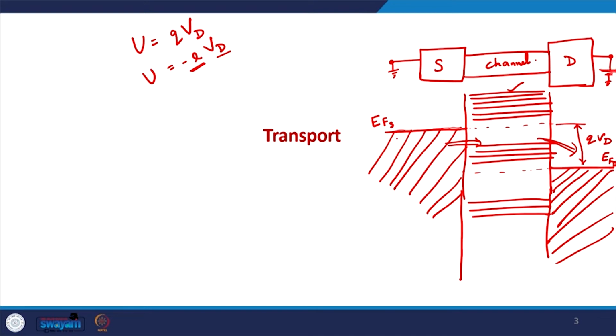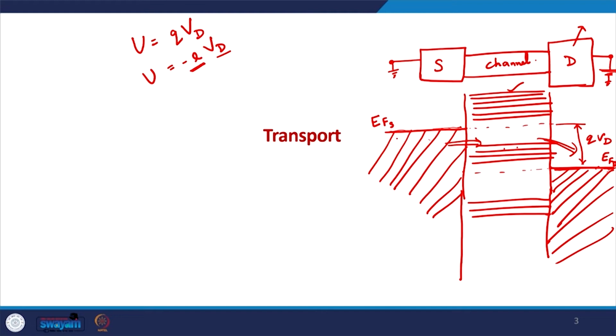If we apply a voltage for, let's say, a moment, and we bring the drain Fermi level down to this point, or we use another semiconductor material for the drain contact in which the drain Fermi level is lower than the source Fermi level, then electrons will go from the source terminal to the channel and from the channel to the drain, and there is no external applied voltage, no battery.